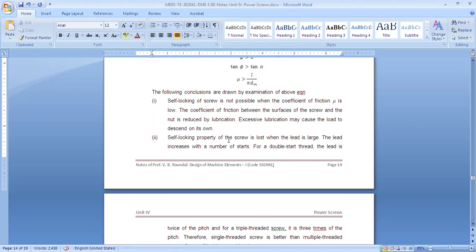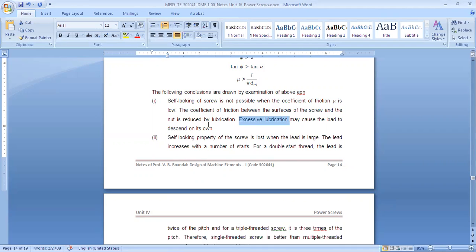If we know the helix angle and tan of alpha, and your coefficient of friction is very low, then self-locking will not happen. That is the case with excessive lubrication. If we put too much lubrication, we make an issue with the self-locking screw. We will make it overhauling.